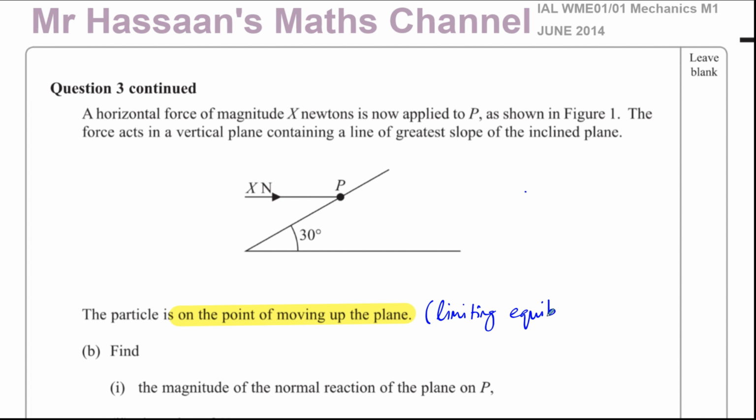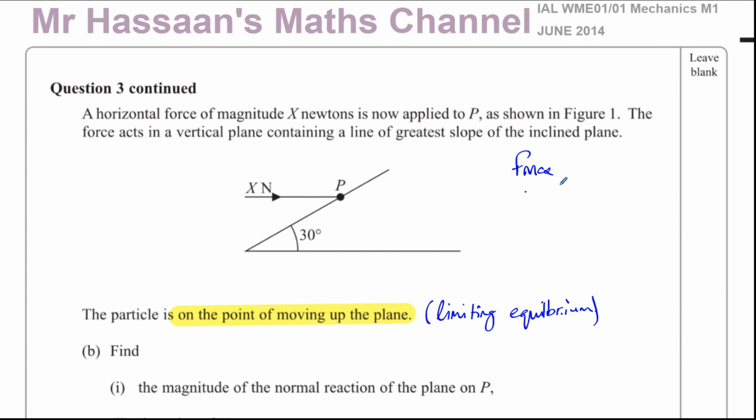Why? Because it's just about in equilibrium. It's just about to leave being in equilibrium. It's in the limit of its equilibrium. It's just about to start moving. It's on the point of moving. All right, so basically that means F max has been achieved.